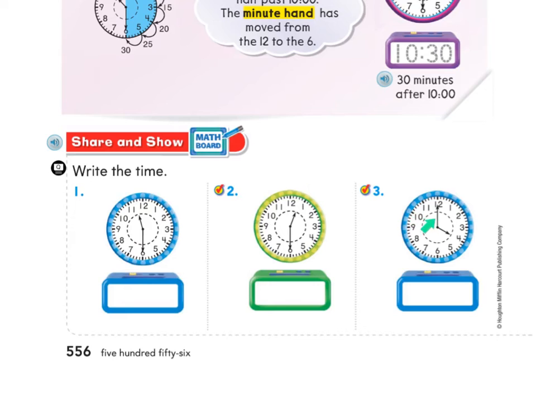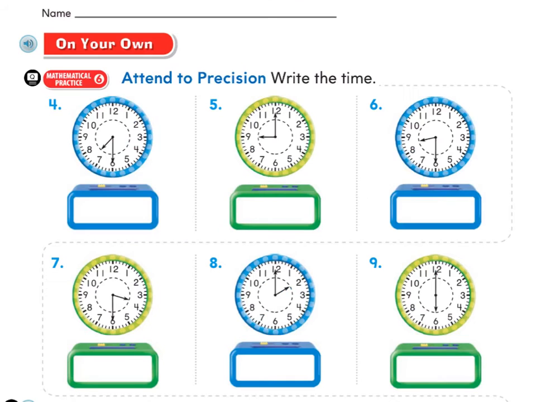And then you're going to look at this clock, write the hour, and then a colon and the minutes. Remember that a colon looks like those two little dots. Those two little dots are going to go between your hour and your minutes.